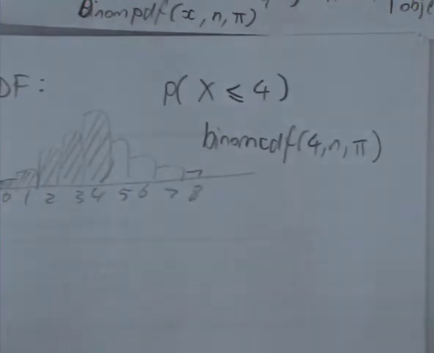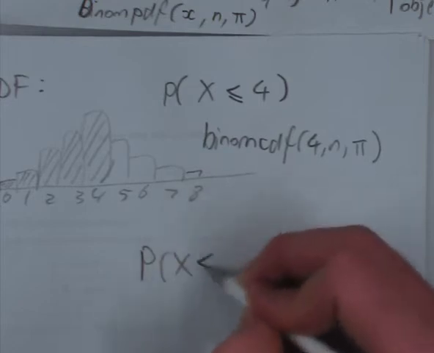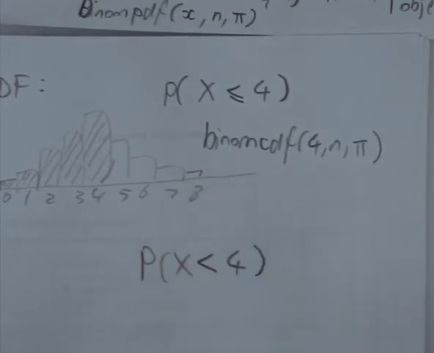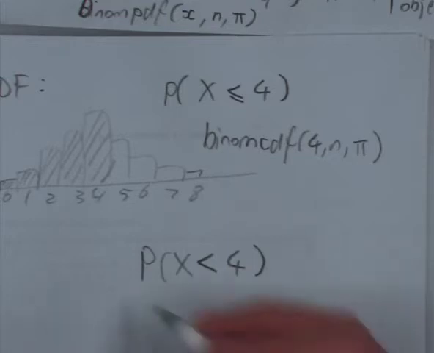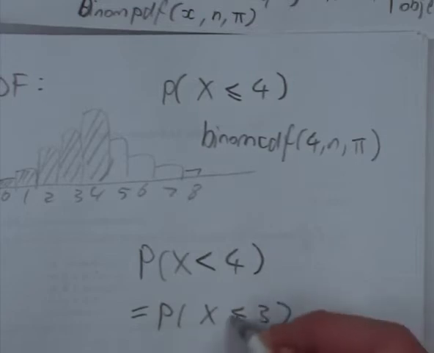But if you wanted to know the probability of being strictly less than 4, think about the fact that you can't actually get anything between 3 and 4, so this is really the same as being less than or equal to 3, because it's not possible to be anything between 3 and 4.